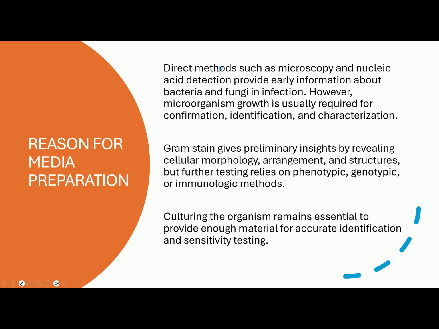Now, as you all know, direct methods such as microscopy and nucleic acid detection would provide early information about bacteria and fungi in infection. However, microorganism growth is usually required for confirmation, identification, and characterization. If you still remember in your activity 4, we performed a Gram stain on a throat swab.